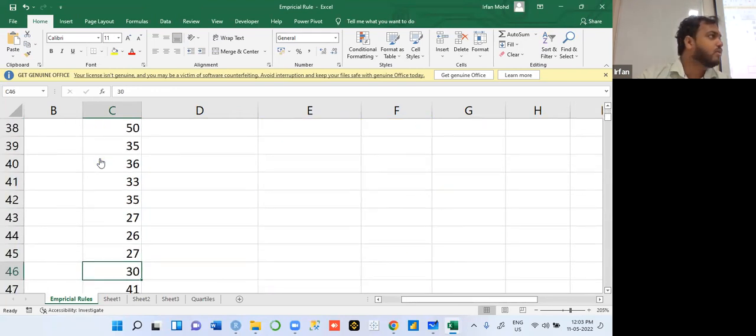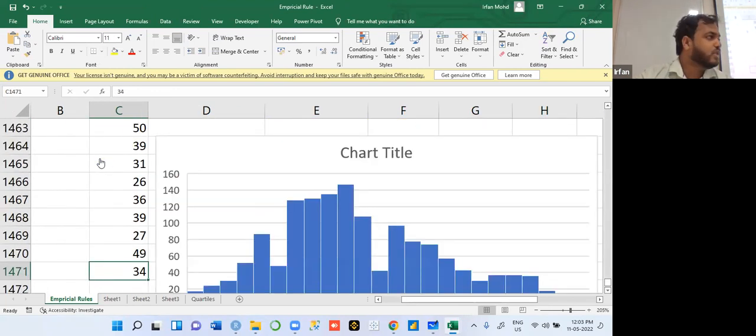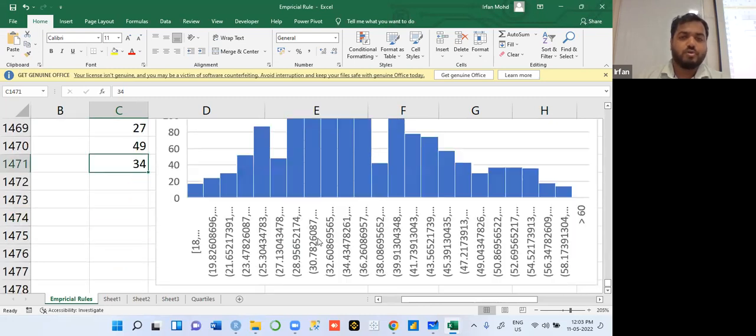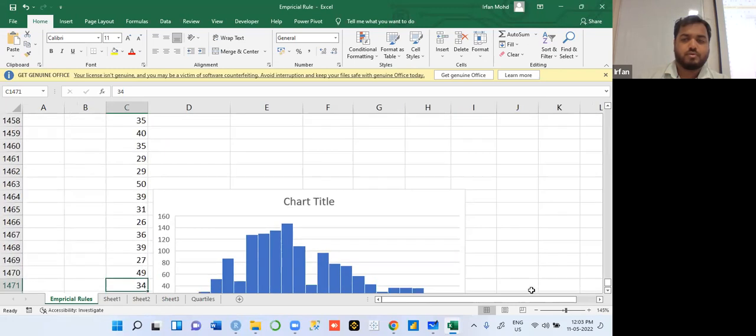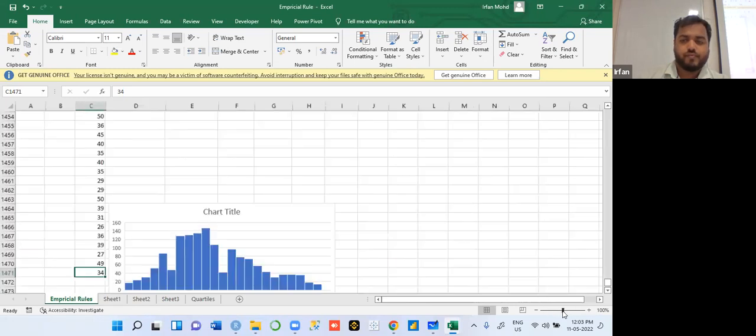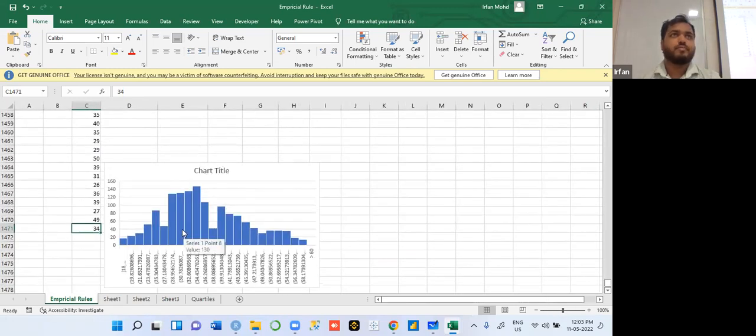Can you see? 1470. I draw the shape. What shape we have? Normal shape. So data looks like normal. Is this clear?